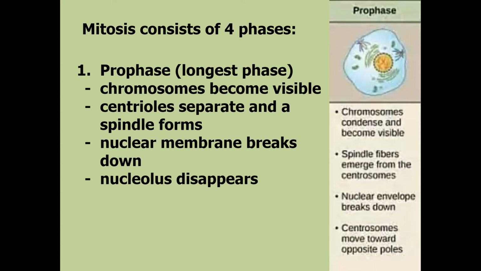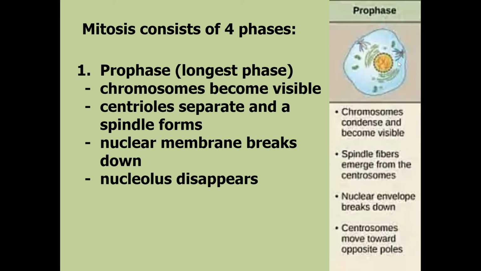So prophase is the first phase of mitosis, and it is the longest phase. This is the beginning phase. So the chromosomes start to become visible, because remember before I told you that chromosomes usually are not visible unless mitosis is happening. So centrioles separate and a spindle forms.